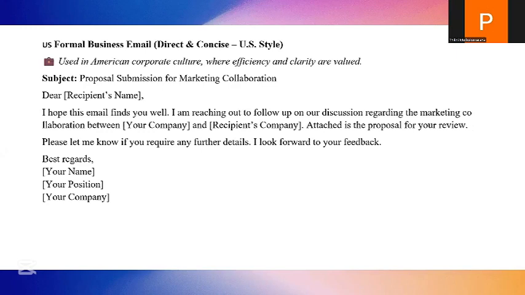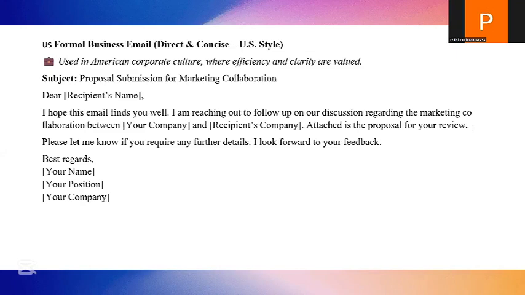Okay, so this is an example for US formal business email, very direct and concise. So we call this US style, right? So you can see the subject is there and then the salutation and then the body and then best regards like this.